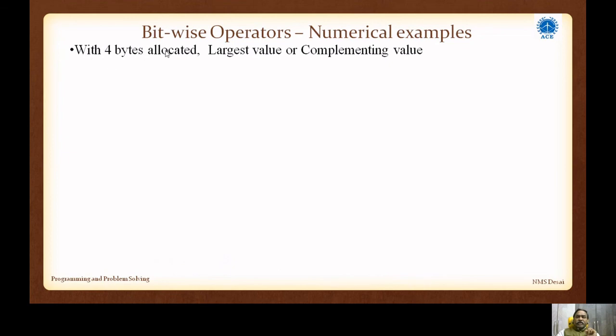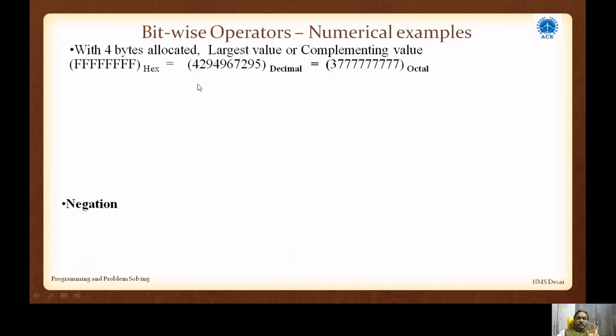So with 4 bytes allocated, the largest value for the complementing value will be FFFFFFFF in hexadecimal, and that is 4294967295 in decimal, and that will be 3 followed by 10 sevens in octal. This conversion, again I repeat, you need not bother, just try to understand, right?